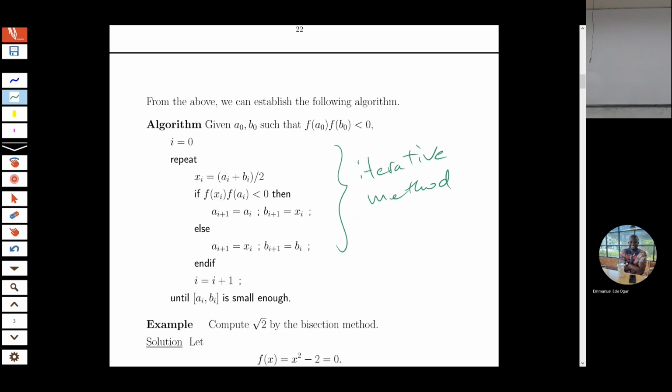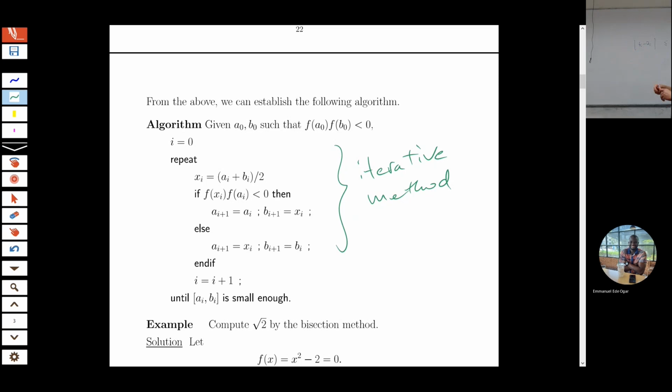It's called the termination criterion. So when we implement this as a mathematical expression in programming, we write BI minus AI is small enough, that means less than or equal to epsilon, where you specify the epsilon. This is a termination criterion that we will use in the bisection method.